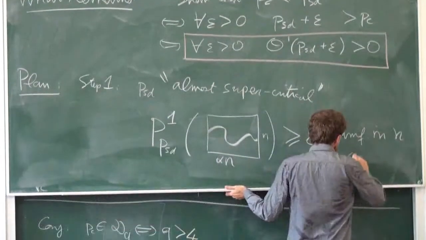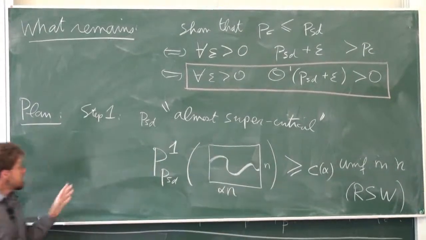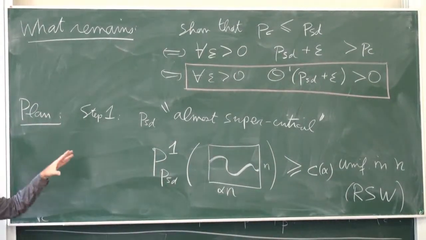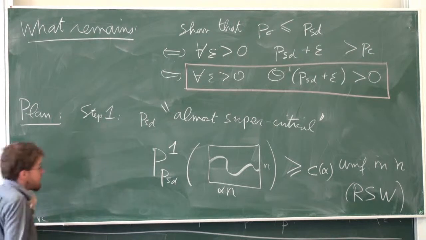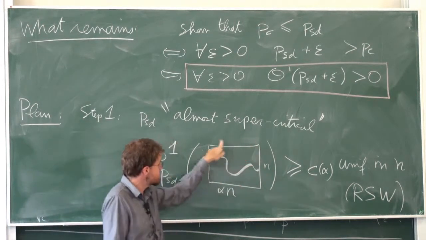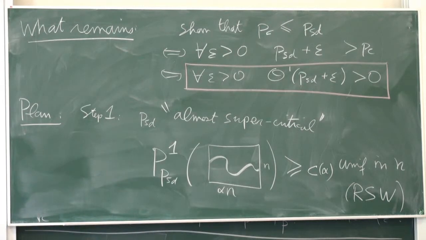And this is telling you that P self-dual is not deep in the subcritical region. You expect that if you are subcritical, the clusters are very small. And if you look at the biggest cluster in the box of size n, it should be of size logarithm of n. So this tells you that P self-dual is not very subcritical.